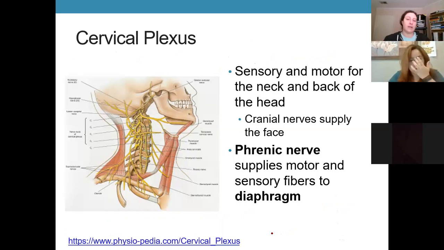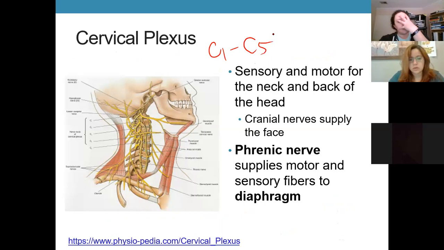So the cervical plexus is where all of the cervical ventral rami, or at least like C1 through C5, are reorganizing to best supply the neck and the back of the head.